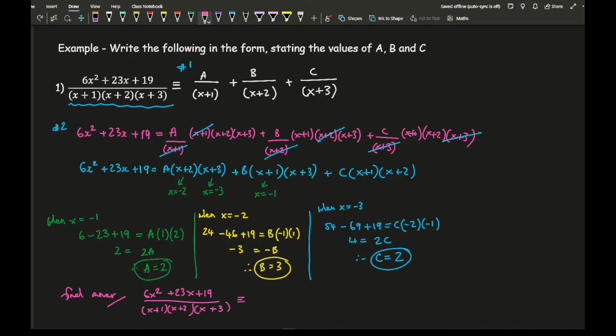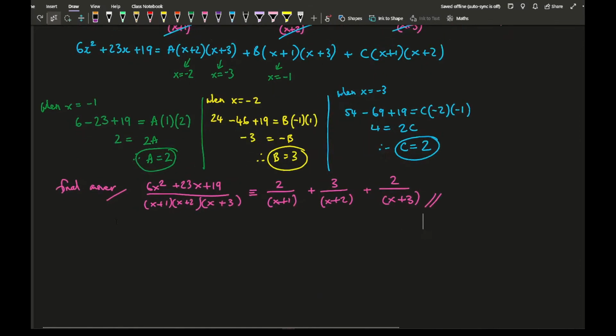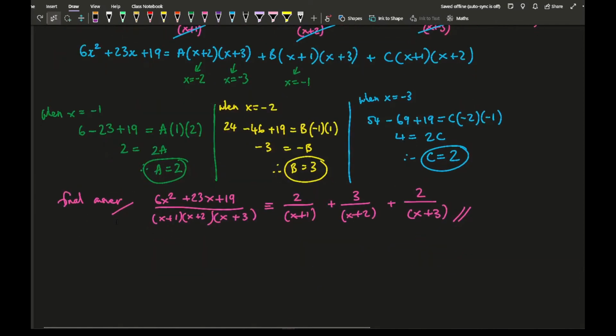And that's going to be equivalent to a, which is 2 over x plus 1, plus 3 over x plus 2, plus 2 over x plus 3. And there is my final answer. And just to zoom in and make it a bit easier, there we go. There is my final answer.